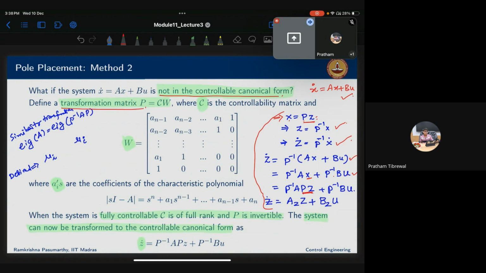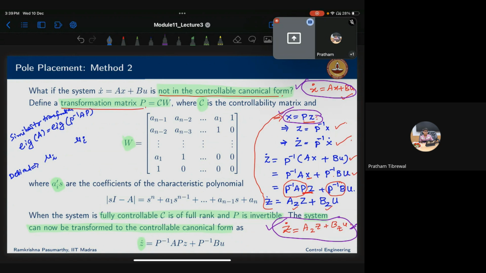Then you can write z dot is equal to Az z plus Bz u. You started here, used this transformation and ended up like this. Is this clear?